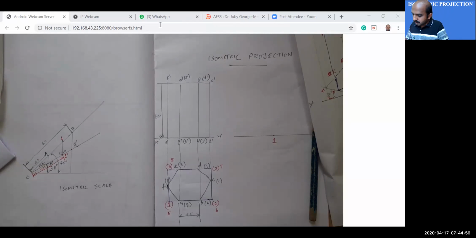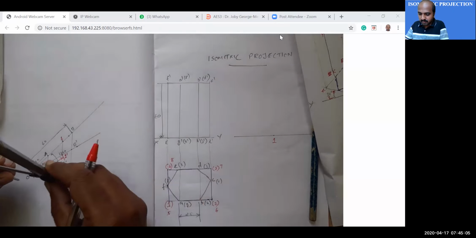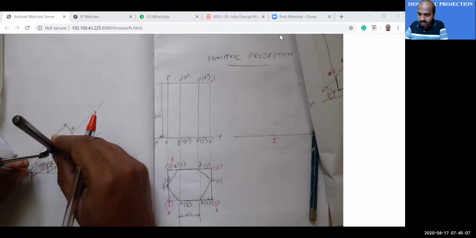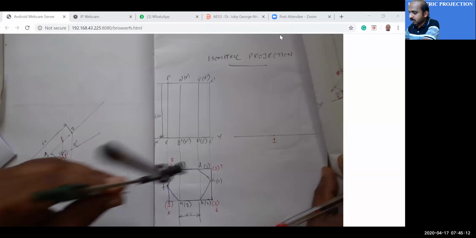Now to draw the isometric projection of the 1 to 2, instead of taking 1 to 2 from here, you take 1 or 1 dash from the isometric scale. I hope you are getting the idea.